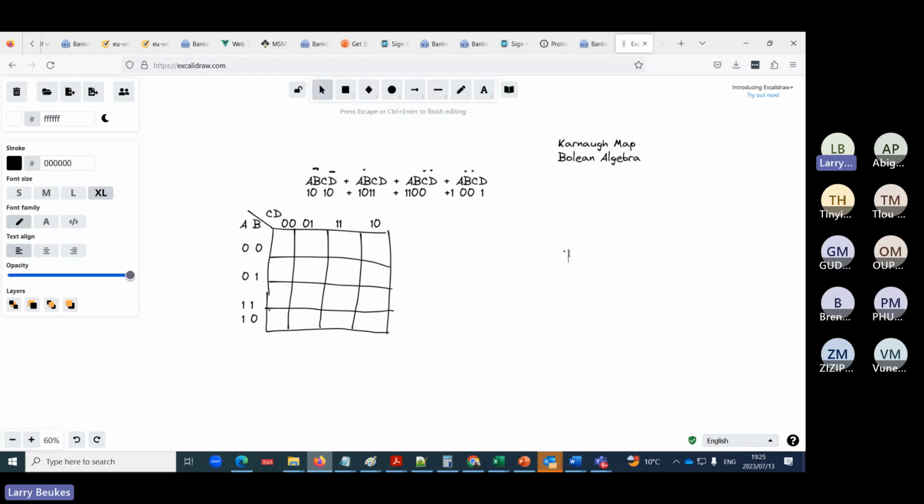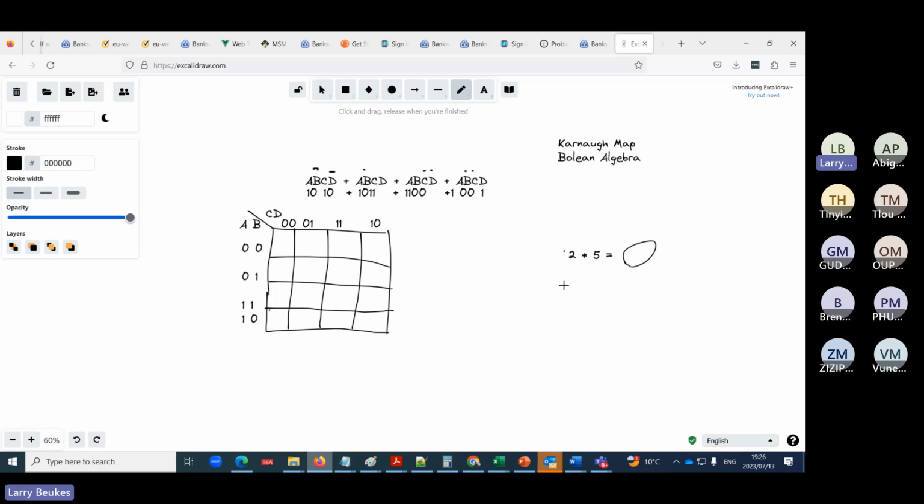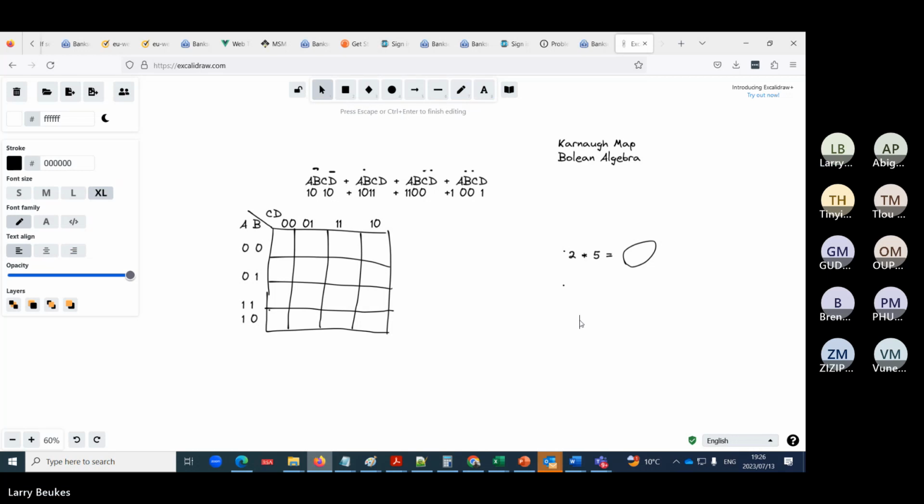So if you take 2 multiplied by 5, whatever it equals is called a product. So if you take A, B, C, D, this is a product.